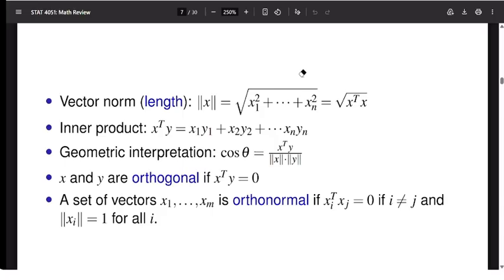I'm going to say that again. By the time we get to principal component analysis, we actually want to make sure the new artificial variables created are orthogonal. They have to be independent, even though the original features are not independent.